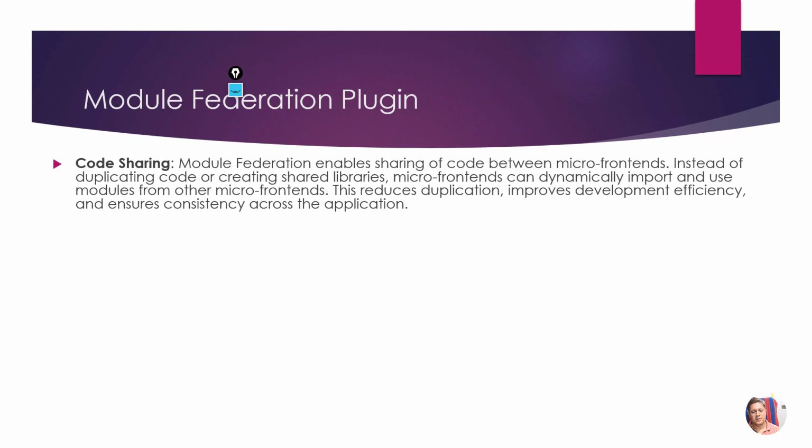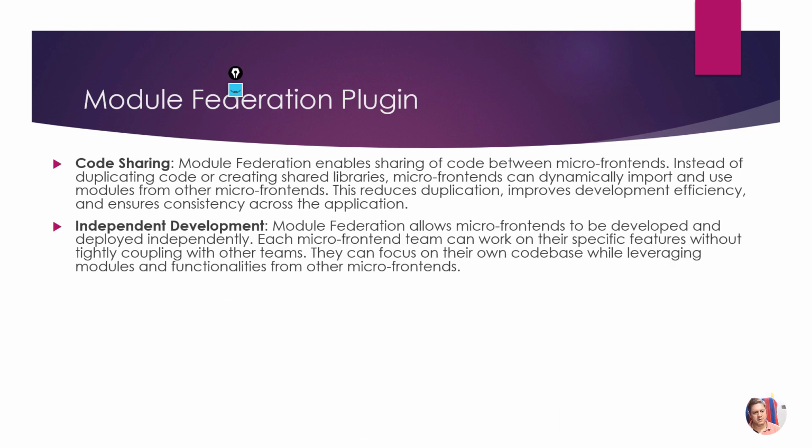There are different advantages of micro frontend and the module federation plugin. What is the advantage? It allows sharing the code between two micro frontends. This is why we are using micro frontend. This is one of the important requirements while using the module federation plugin and micro frontend, which will save code duplication and enhance development because one code will be in one repo only.